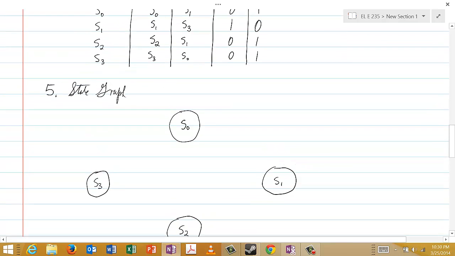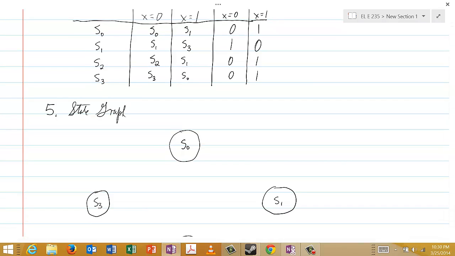And now let's see what happens. So according to our state table up here, if we are initially in S0 and X is equal to 0, then we will go to S0. So we can designate that in this way.